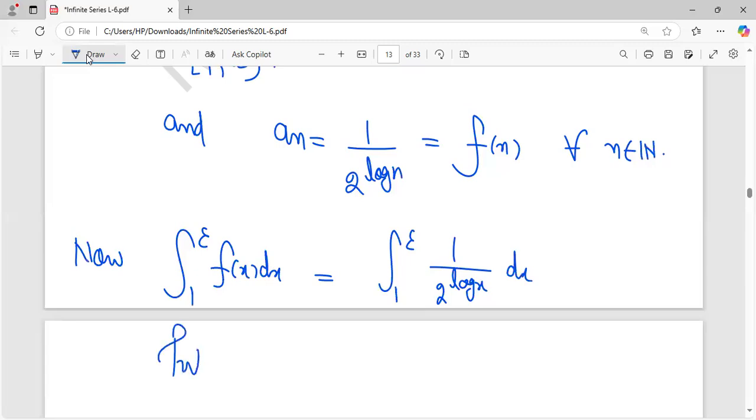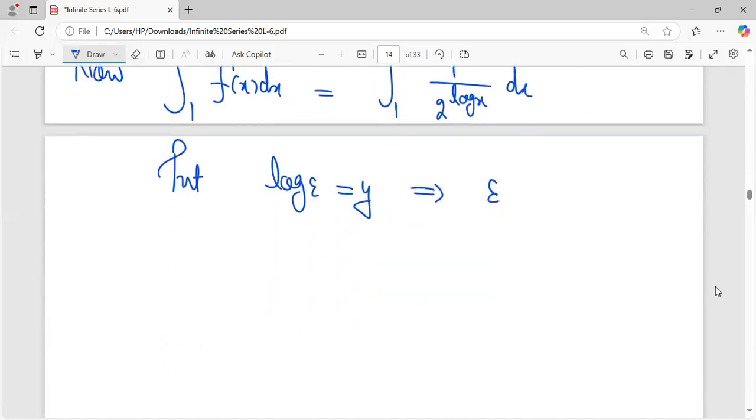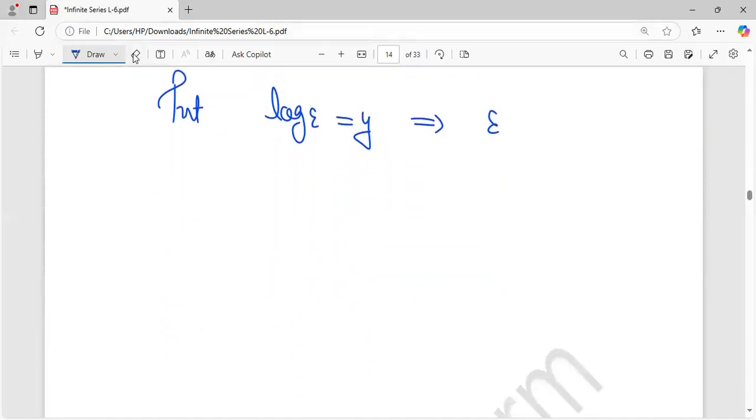If we put log x equal to y, it will imply x is equal to e to the power y, so dx is equal to e to the power y dy.